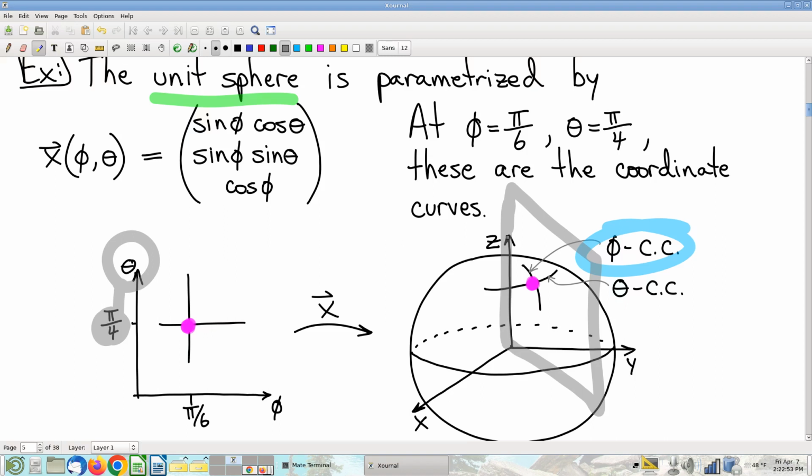And with theta fixed, now let's ask the question, what happens as phi varies? And as phi varies, we just move down the sphere along that cross-section for that fixed value of theta. So that's what the phi coordinate curve looks like compared to the theta coordinate curve. Is everybody on board? Questions?